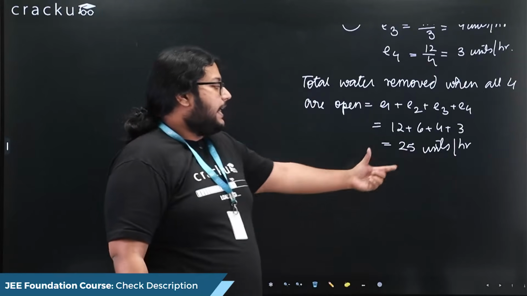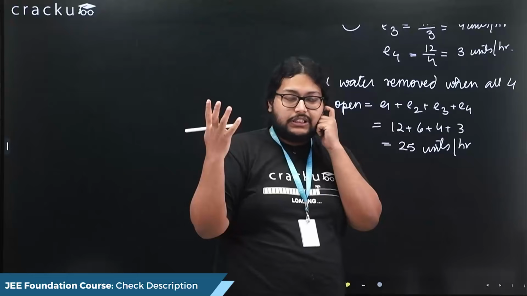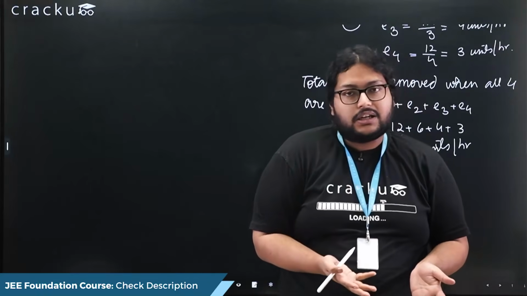Now obviously the tank is only 12 units, so 25 units in 1 hour they are removing, which means the total time required has to be less than 1 hour.